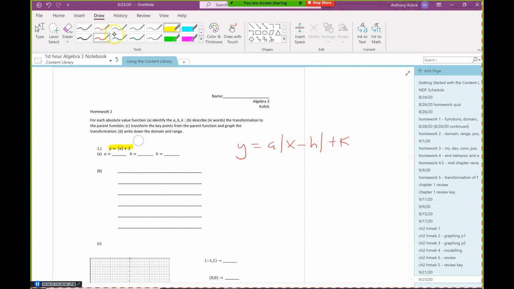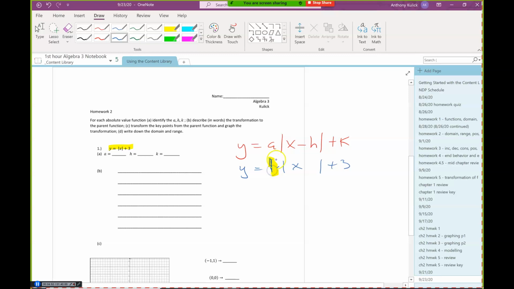So if I take a look at this, I have y equals |x| plus 3. So I notice that there is nothing out front of my absolute value. So I notice the A is being multiplied to the absolute value. So if there's no number there, but it's a multiplication problem, what number do I know is actually there? A 1.